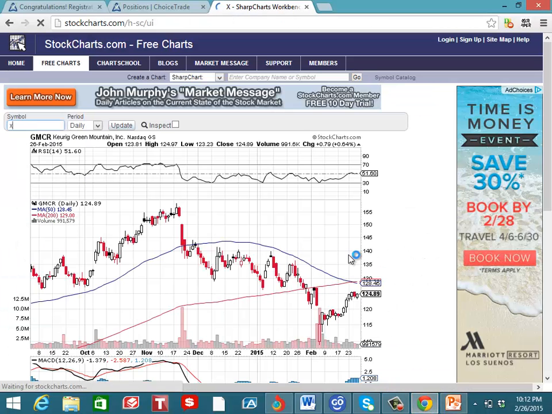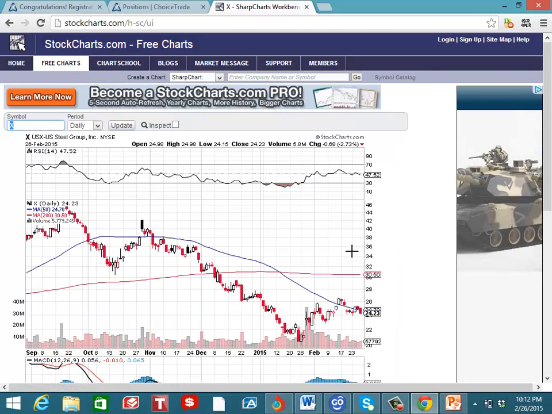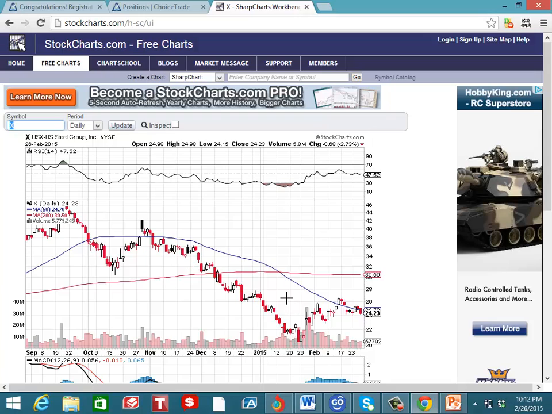For example, we played one of these this month, and you can see we made some money on this big falling wedge. It broke out to the upside, going from about $21 all the way to 26. This was a falling wedge too, and it broke out from about 32 all the way to 40.